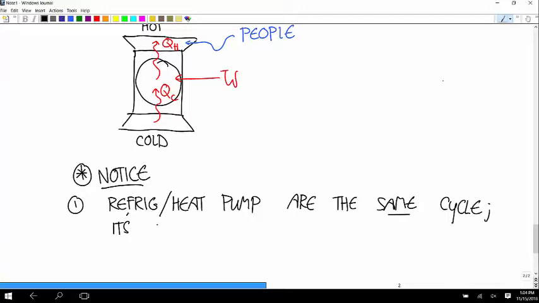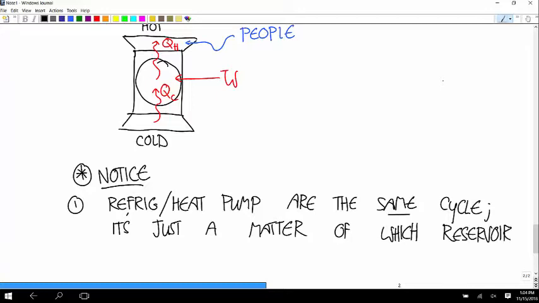It's just a matter of which reservoir you care about. Also notice that, in both cases, it is reservoirs that you care about.